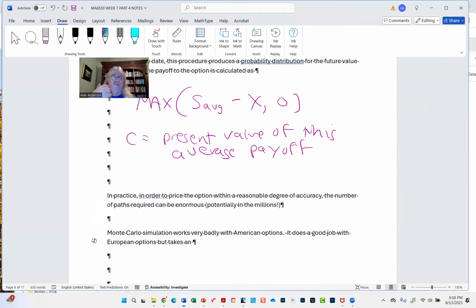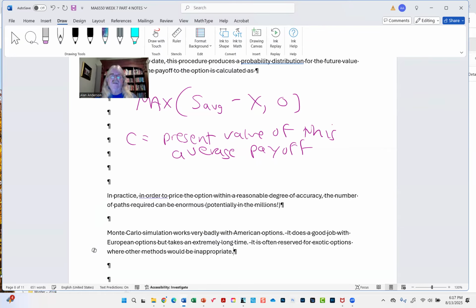So why would you bother when you've got Black-Scholes? Therefore, it is often reserved for exotic options, when the other methods would not be appropriate. Even if they were faster, they wouldn't be as advanced. And of course, that's what matters.